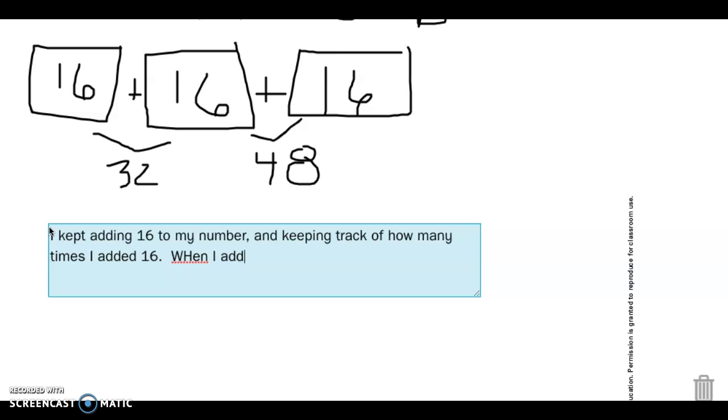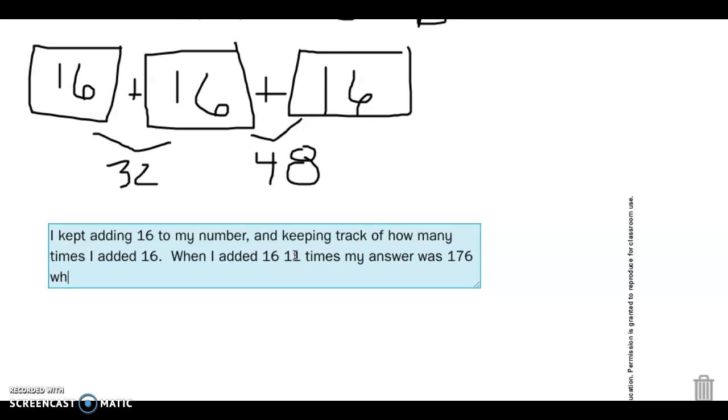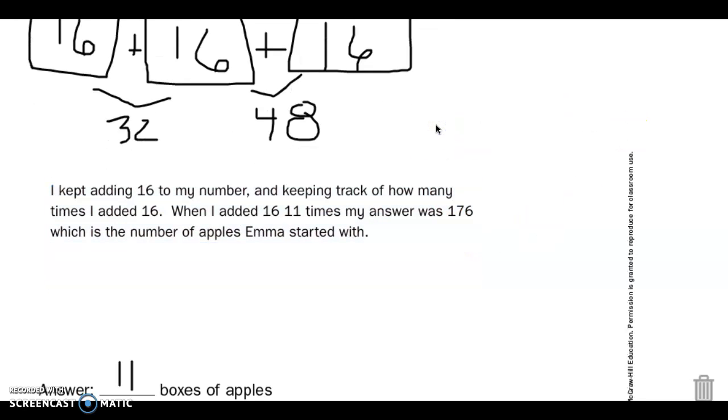When I added 16 11 times, my answer was 176, which is the number, oh my goodness, of apples Emma started with, which means she had 11 boxes. Really, really cool, guys.